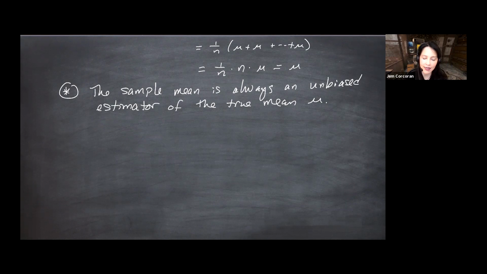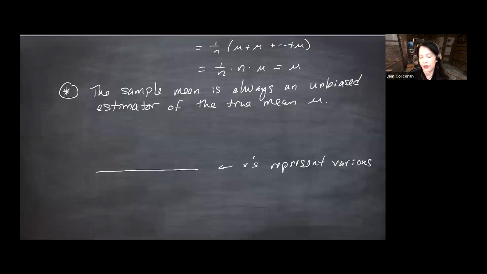And unbiasedness says that, so I'm going to draw another one of my lines, the x's represent various x bars that were recorded. You're going to get something, something, something, but on average, you're going to be right.